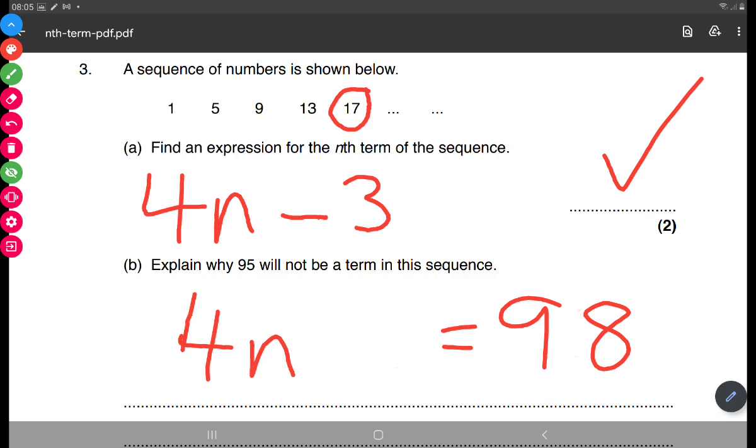Is 98 in the 4 times table? Well, I know 100 is. So 98 can't be. It's got to be 96, isn't it? Because 4 times 25 is 100. So 98 isn't.